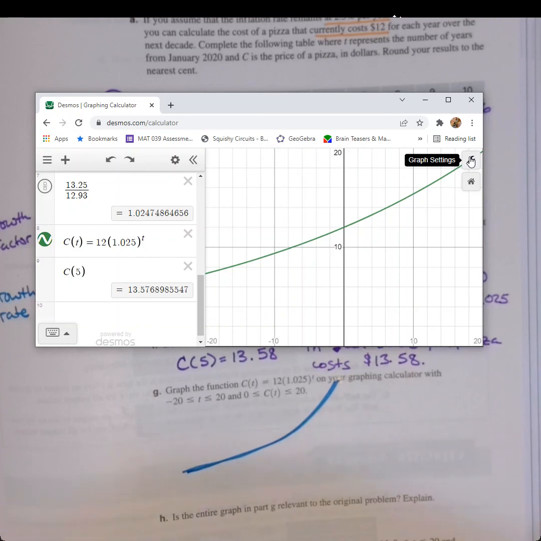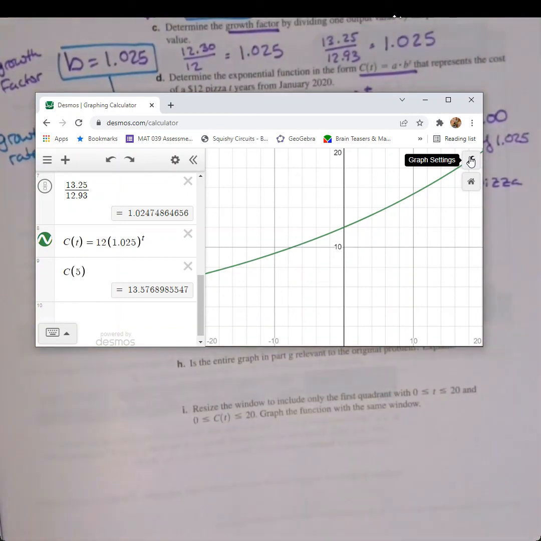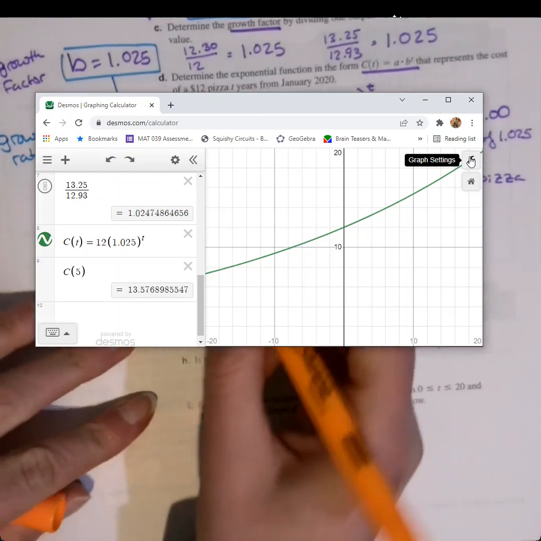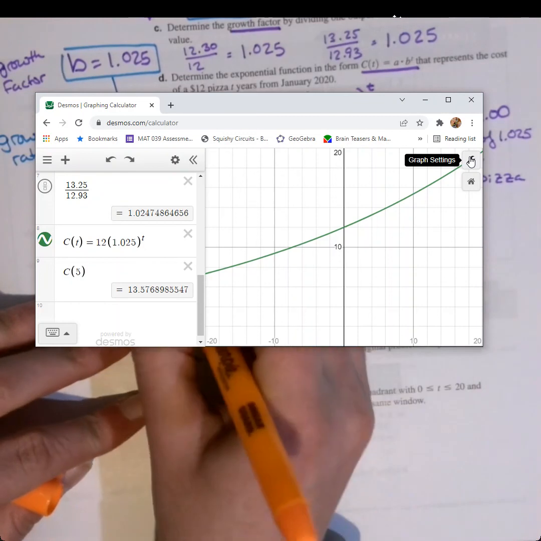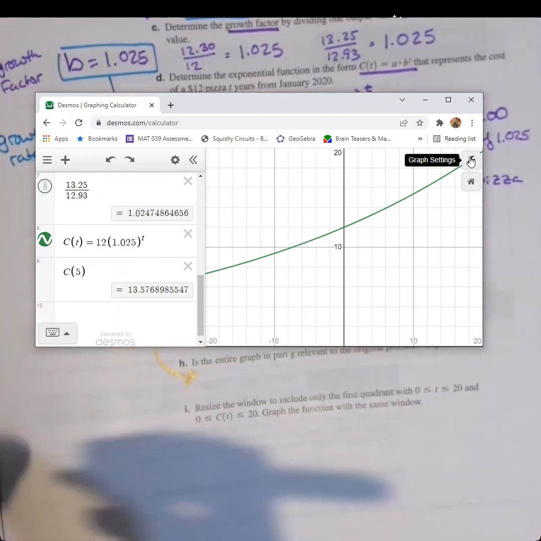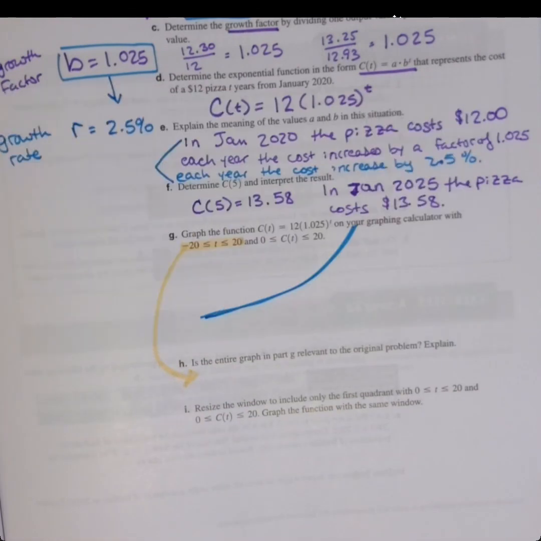Is the entire part of the graph here relevant to the original problem? So they did ask me, and I was curious about that. They did ask me to graph this on the interval negative 20 to 20. And so this is not all relevant because the negative stuff isn't relevant in this case. I'm sorry, I moved my graph out of the way.